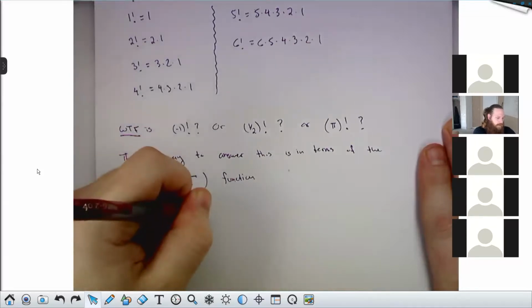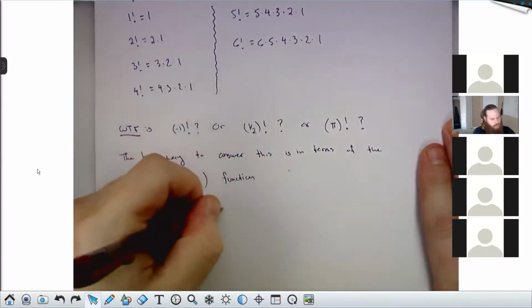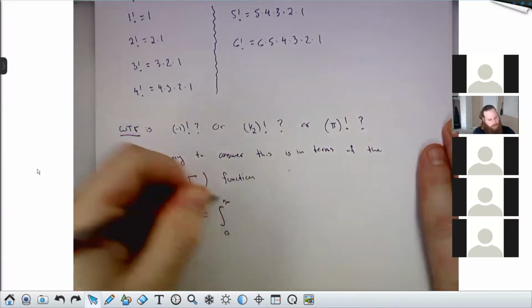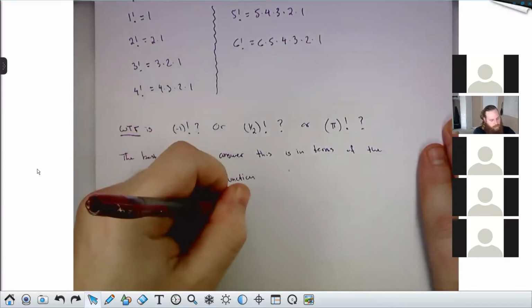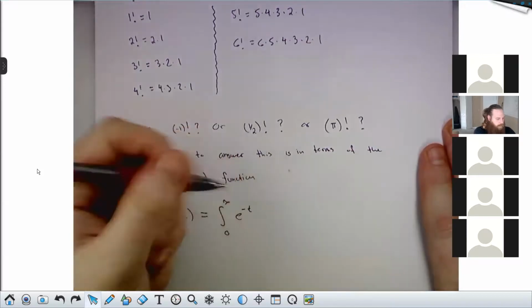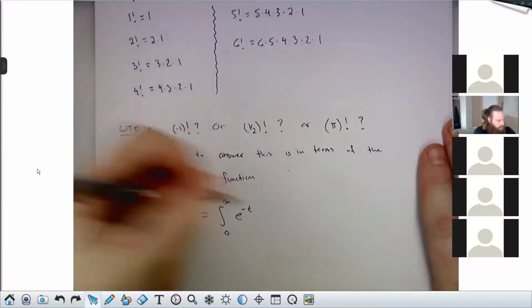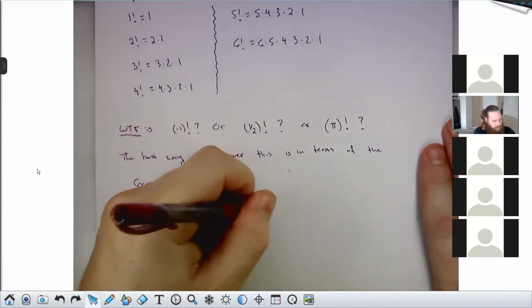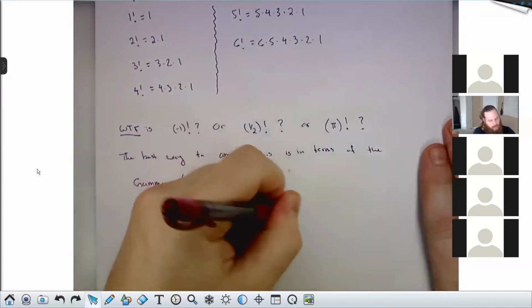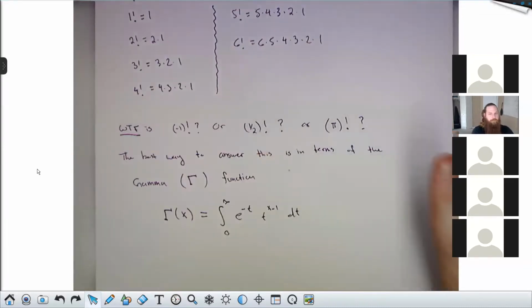Gamma of x is the integral from 0 to infinity of e to the negative t times t to the x minus 1 dt.